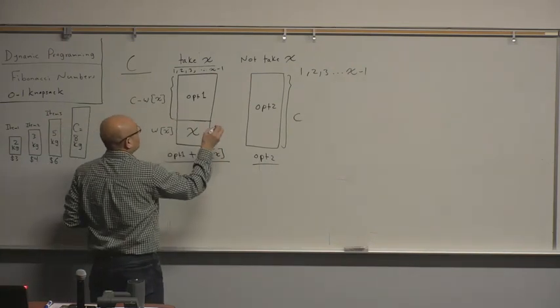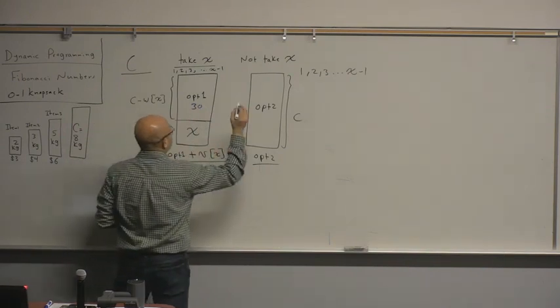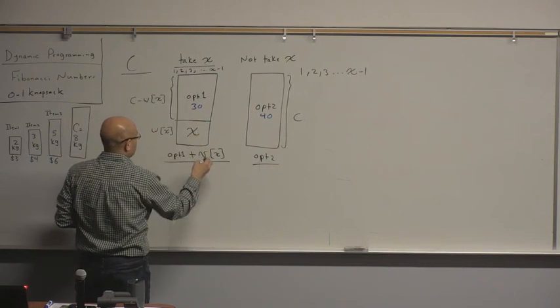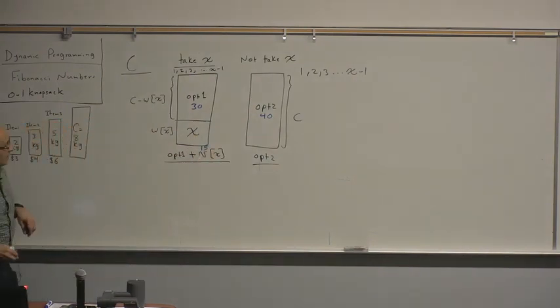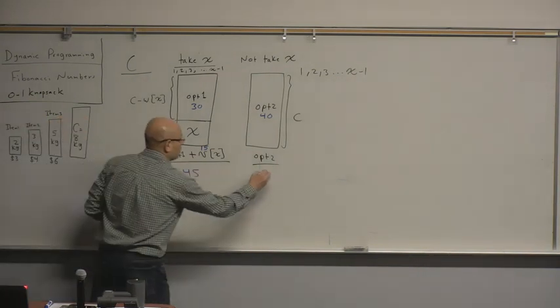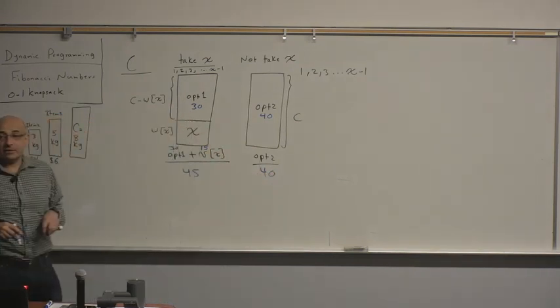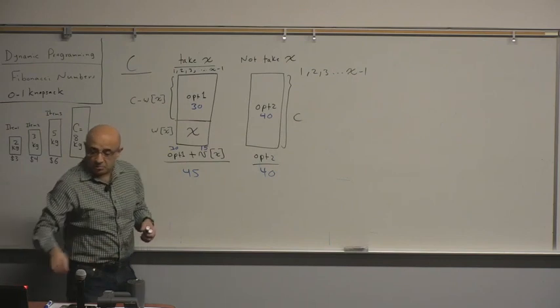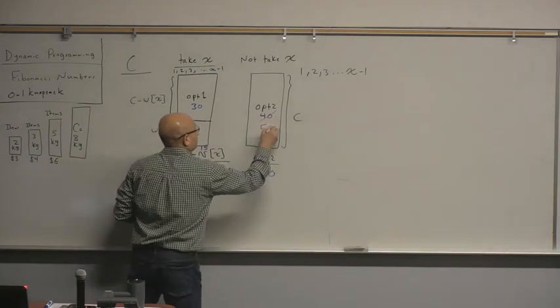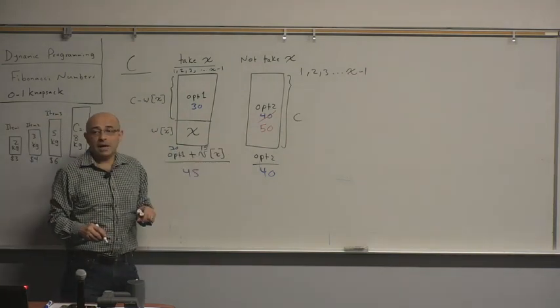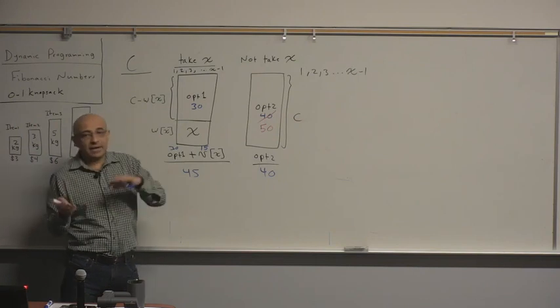If opt1 is 30 and opt2 is 40, and the value of x is 15, then 30 plus 15 is going to give us 45 compared to 40. Then I would much rather take x. Taking x is a better deal. But what if this was 50 instead of 40? Then in this case, not taking x would be a better deal. So we're trying to choose between taking x and not taking x.